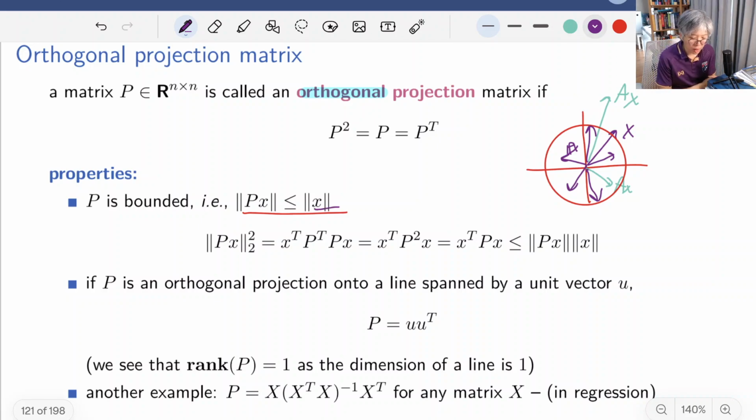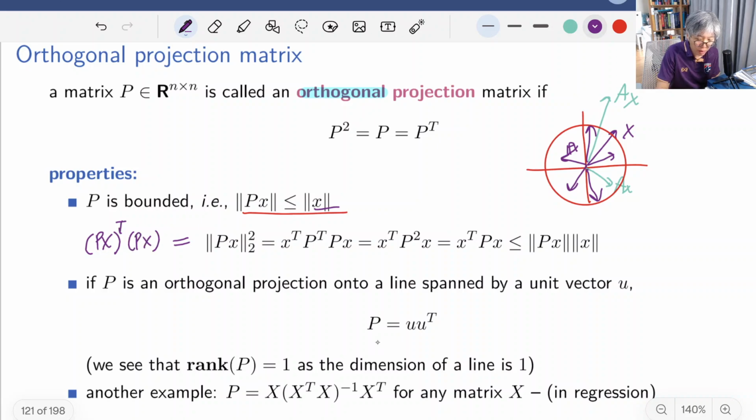The proof is very simple. We start from the norm squared of Px, using the two-norm. By definition it is Px transpose Px.